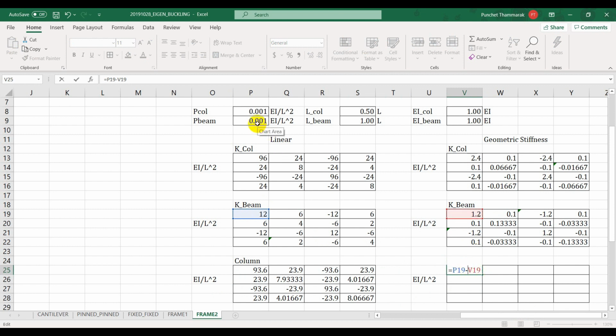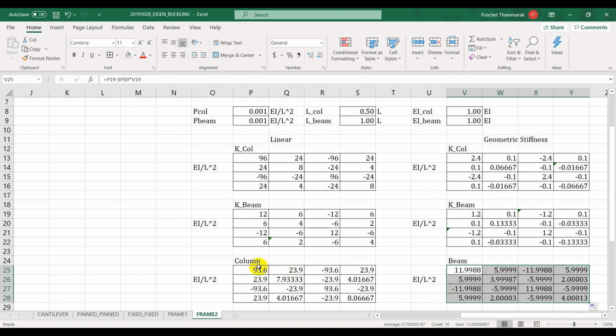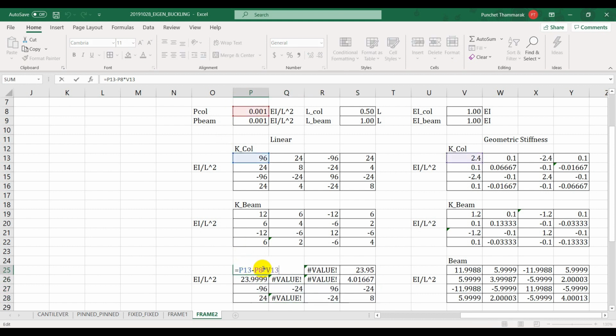Okay. We got to take this one here and multiply. Okay, and you got to lock this cell. Okay, I've got to fix that on this one. We need to scale by P column, right? Oh, I didn't lock the cell.